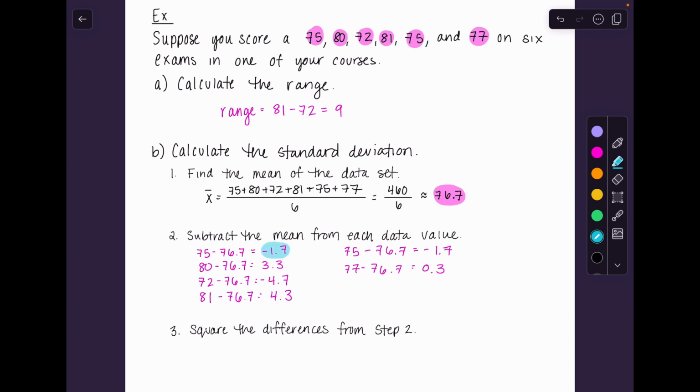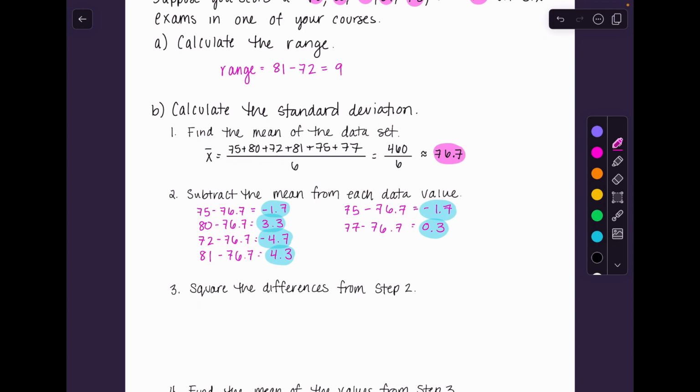Now, some of these values are positive and negative, so I don't want to average these. I want to make them so they're all on the same playing field. We're going to square these values. Every single value I'm going to square, which just means taking that number and multiplying it by itself, because a negative times a negative gives you a positive. So negative 1.7 squared gives us 2.89. The next distance was positive 3.3. When you square it, that's 10.89.